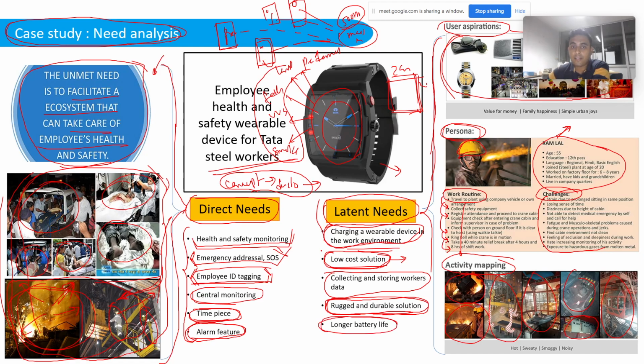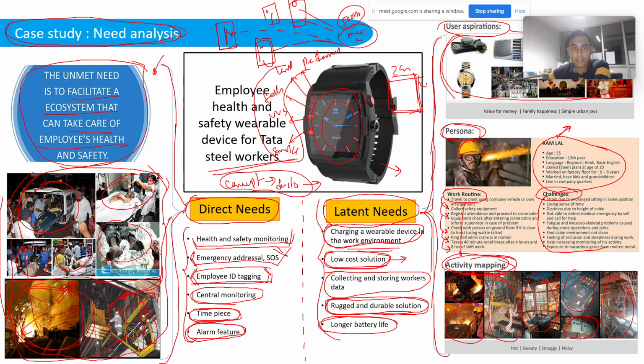So these are the latent needs that we realized once we did further contextual inquiry and mapped the activities of the workers in their daily life. Okay, so that's it for today. Through this case study I am trying to give you a rough overview of what happens when you try to design a product in real life.